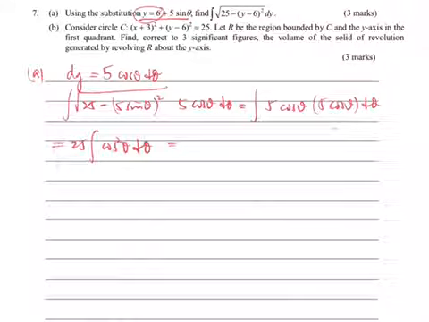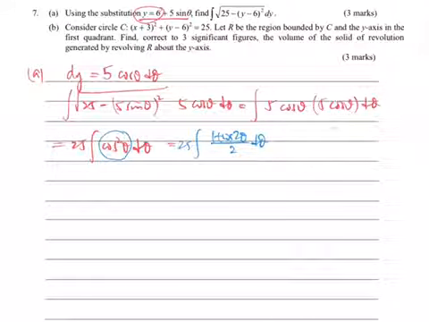So for the cosine squared, we will make use of the identities. Cosine squared changes to (1 plus cosine 2 theta) over 2 d theta. And then we break it into two parts, so it is equal to 25 times 1 over 2 integrate d theta plus integrate 1 over 2 cosine 2 theta d theta.